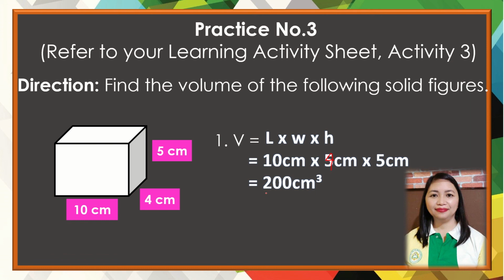But the answer is correct. Okay. So, because 10 times 4 is 40, times 5, that would be 200 cubic centimeter. Did you get that? Okay, tinuyo ko la ito.